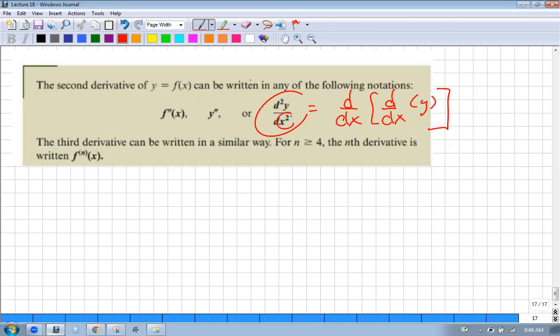This is not an x squared, okay? This is dx being applied on the dx, basically. It looks nice to write it like that. This is not the derivative with respect to x squared. This is the derivative with respect to x operated twice, okay?